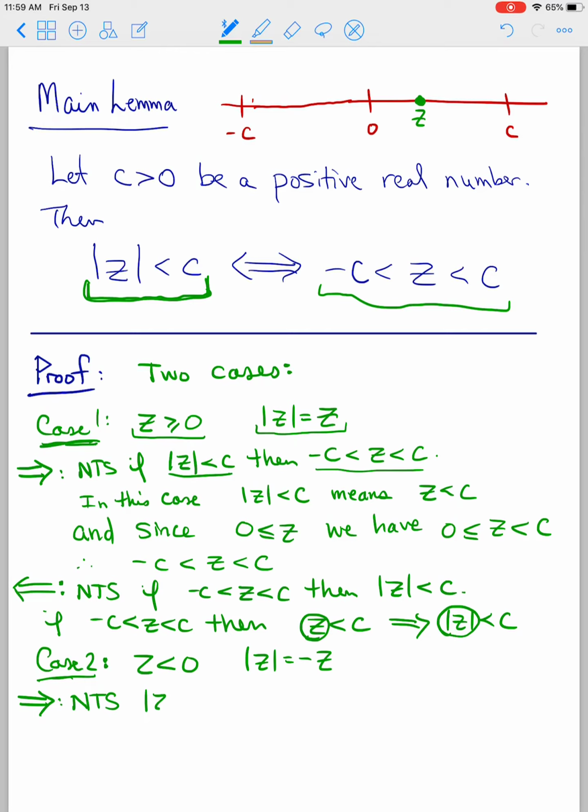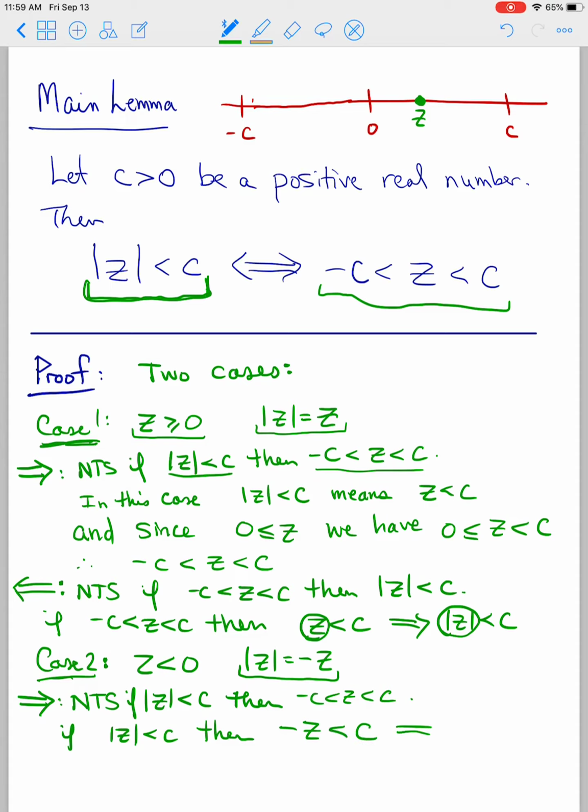I need to show that if the absolute value of z is smaller than c, then that's going to mean z is between negative c and c. So how do I do that? Well, if the absolute value is less than c, then using our fact that the absolute value of z is negative z, that means negative z is less than c.